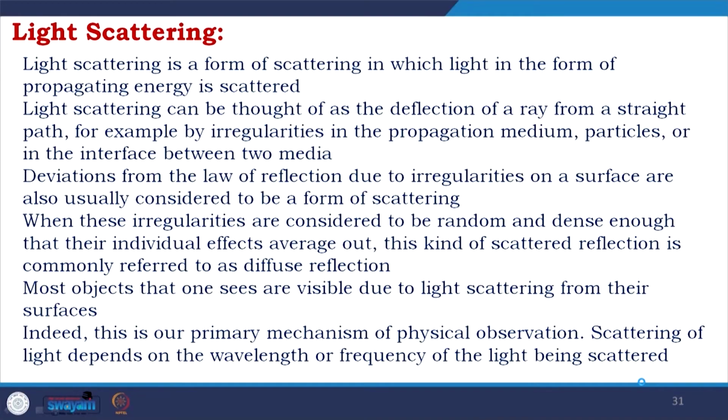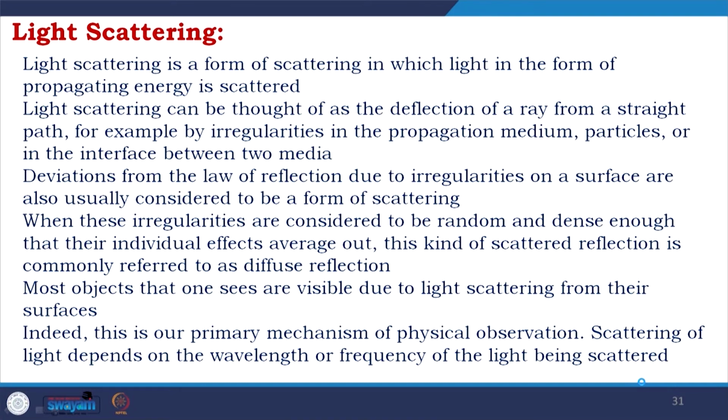Light scattering is a form of scattering in which light, in the form of propagating energy, is scattered. Light scattering can be thought of as the deflection of a ray from a straight path, for example, by irregularities in the propagation medium, particles, or the interface between two media. The deviation from the law of reflection due to irregularities on a surface is also usually considered a form of scattering.